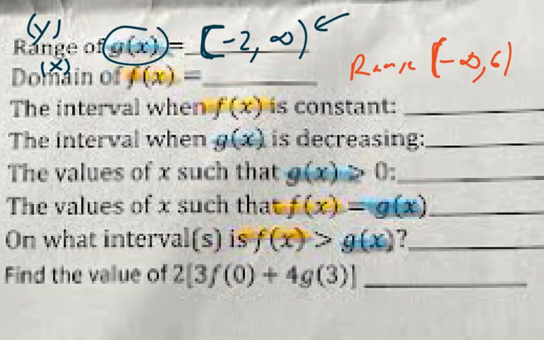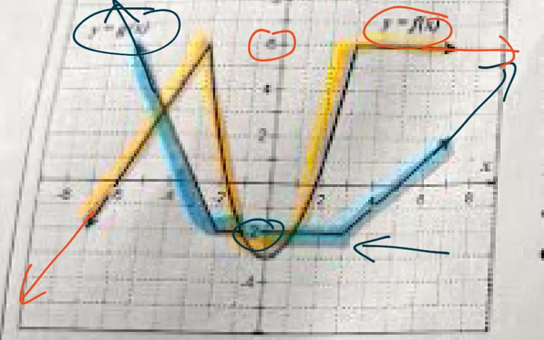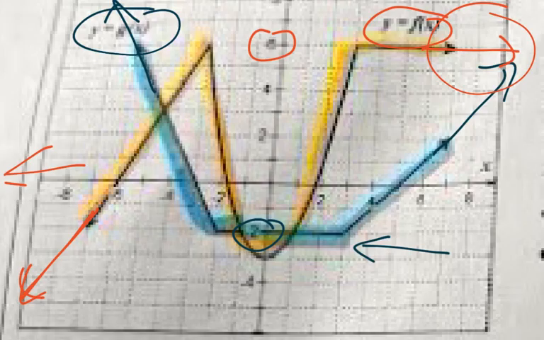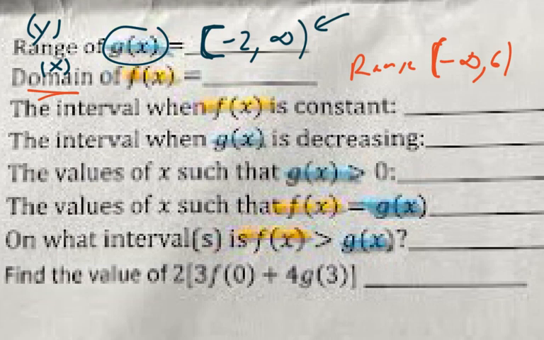You just think about what the y can do. Now for the domain, you think about what the x can do, which is left and right. So notice as it goes down to -infinity for y, it's also going infinity to the left. Over here, it's also going infinity to the right. So we would say for x, because there's no asymptotes or anything to worry about, right?